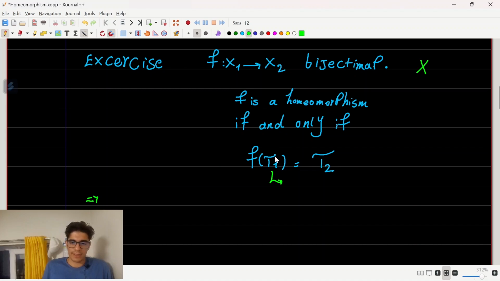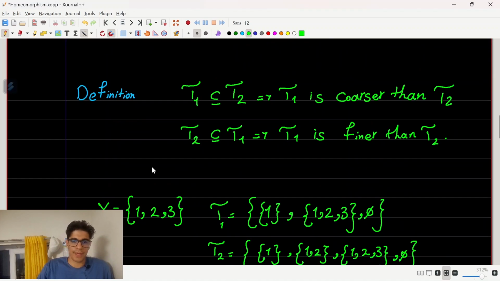So this is the collection of all open sets, and since it's a bijective map, it gives all of T2. And the other way is pretty similar. You can do it on your own.